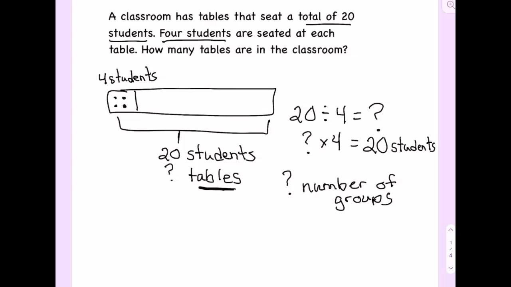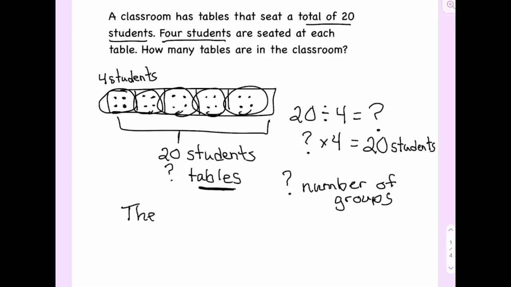So now we could go ahead and skip count, fill in our dots until we get to our total of 20 students by putting 4 students at each table. So we have 4, 8, 12, 16, 20. So the answer is we have 1 table, 2 tables, 3, 4, we have 5 tables.